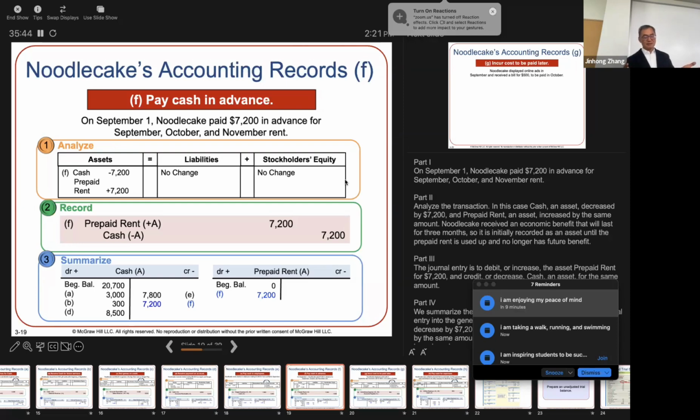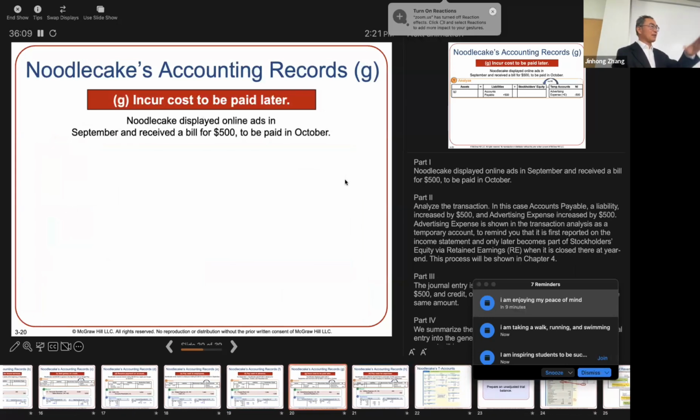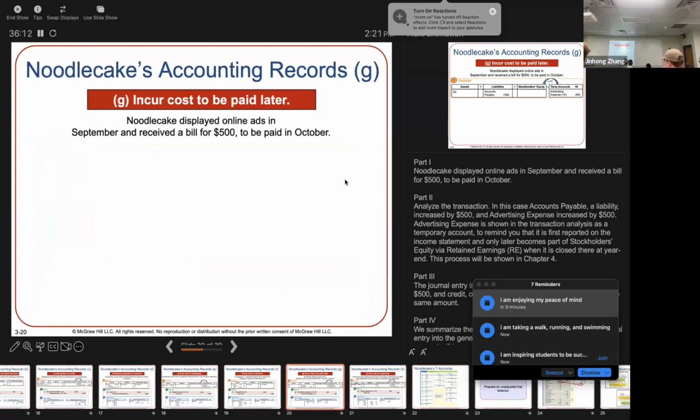How do you do it? So rent expense, right? Whatever, $7,200 divided by 3, this monthly. And then you reduce the prepaid rent, right? It's the same as accounts receivable, same theory. And then by the end of 3 months, you expense all the $7,200, and that account, prepaid rent, becomes 0, right? So that's how it works.